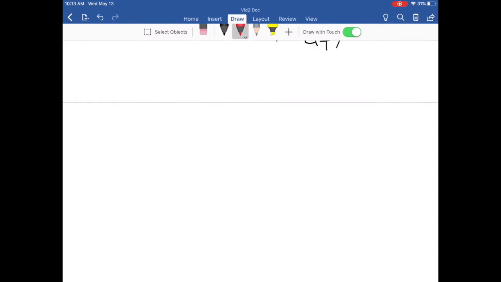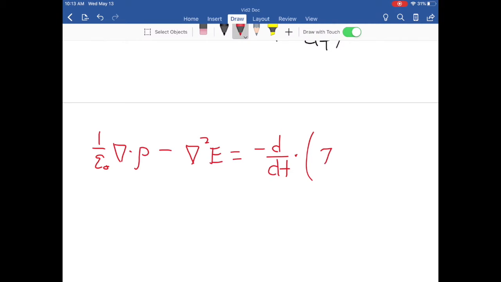This new equation will become 1 over epsilon naught times the del operator dot charge density rho minus del squared E, and that's going to be equal to the right-hand side of the equation, which is now the negative derivative with respect to time times del cross vector field B.